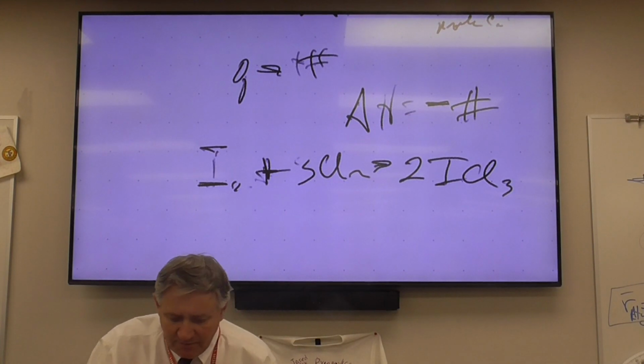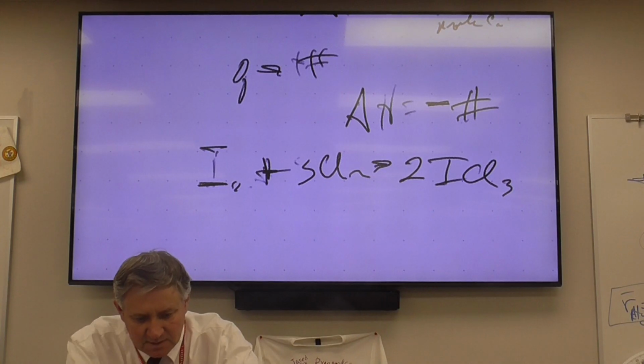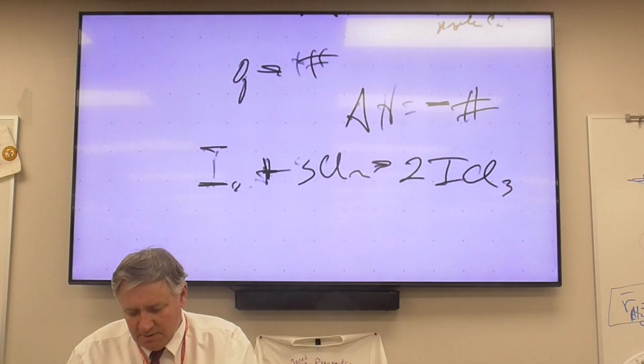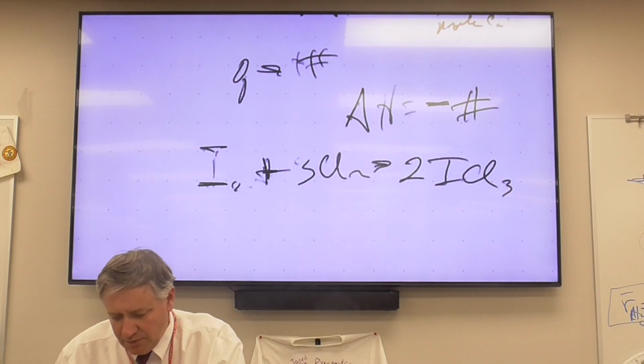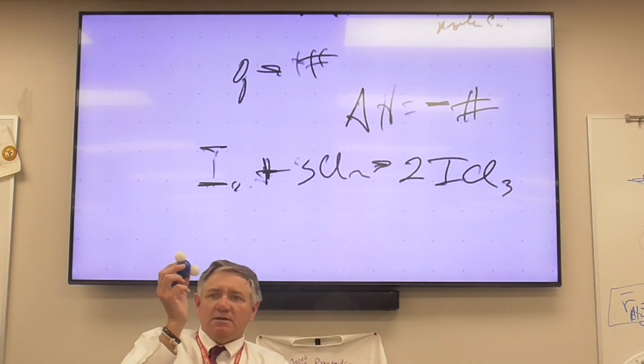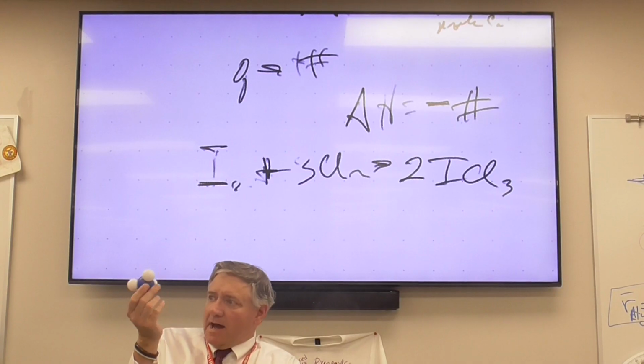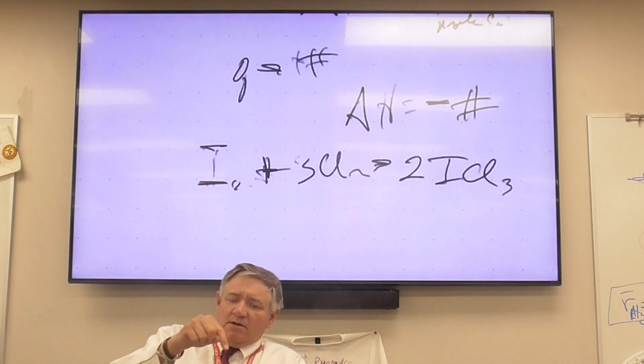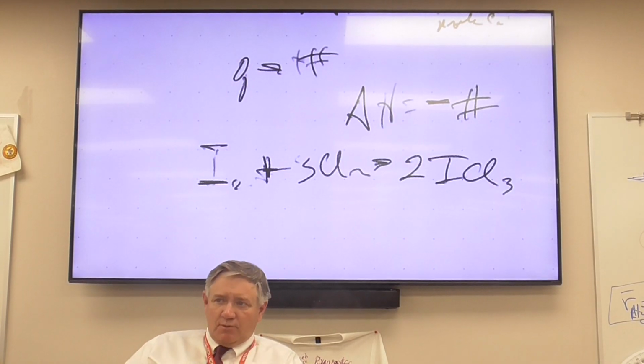Now, when you get to question number 5, how many bonds are formed in the making of a single molecule of iodine trichloride? So with that one, here's what you've got. 1, 2, 3, okay? So this is what, in a schematic, this is going to look like. You have 1 iodine surrounded by 3 chlorines.